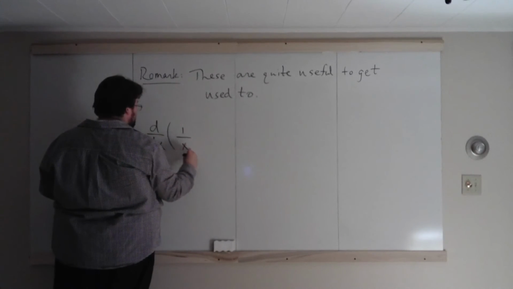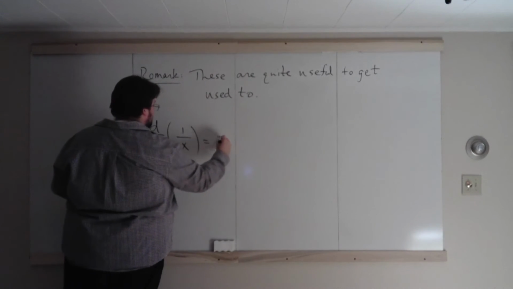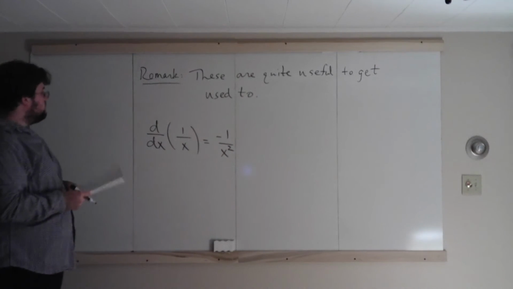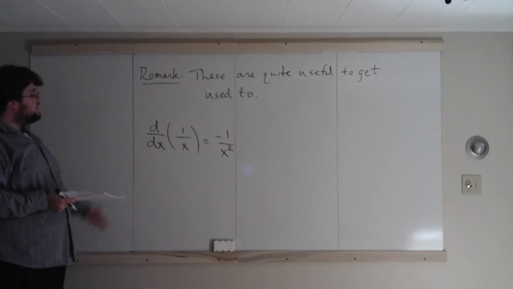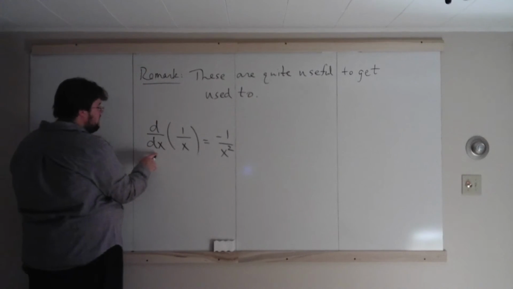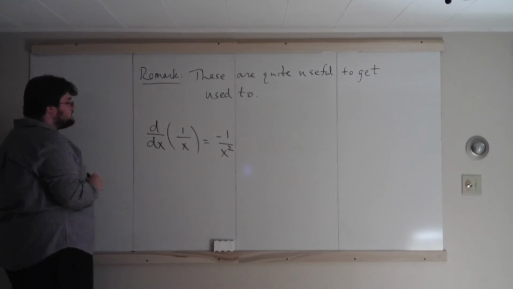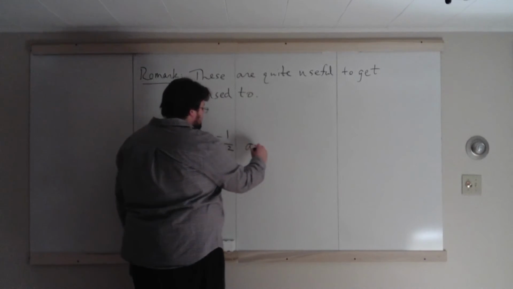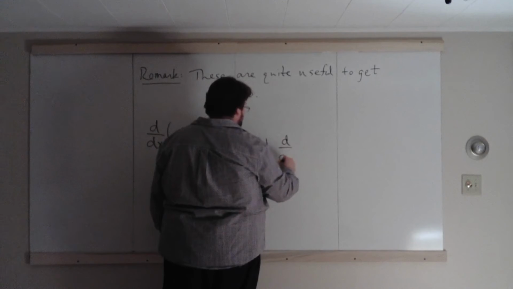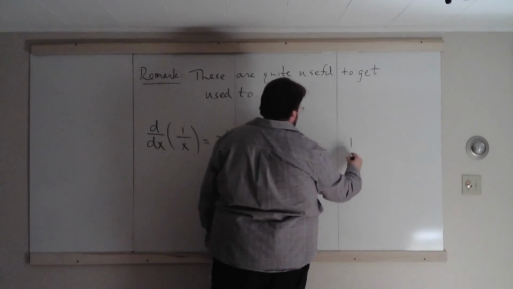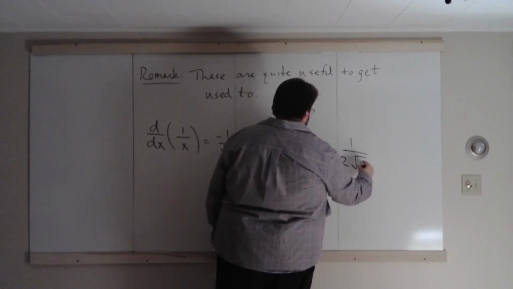Remember, we had multiple notations for the derivative. One of the notations was written like this: d over dx of some function. So this is read: the derivative of 1 over x with respect to x is negative 1 over x squared, and the derivative of root x with respect to x is 1 over 2 root x.